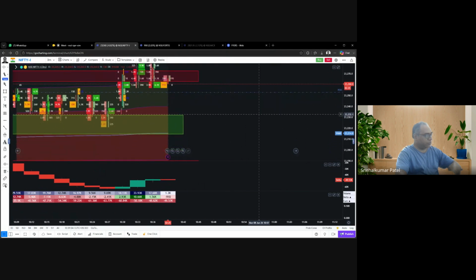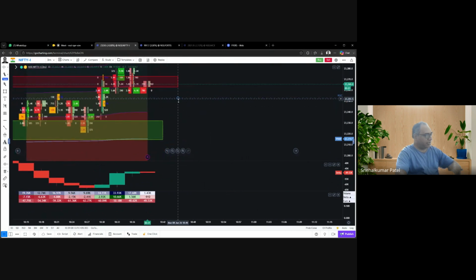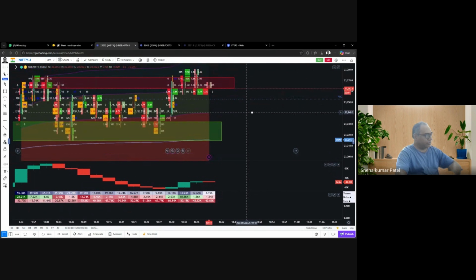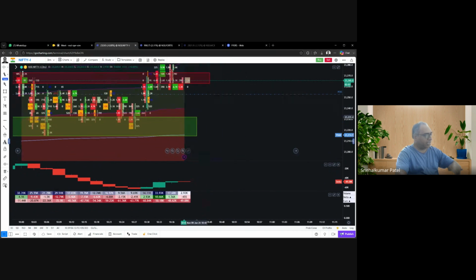Again, trying to reject the price, imbalance on the sell side again. So if the price gets rejected from this level and below 250, what scalpers can do is take a put side trade until this level.